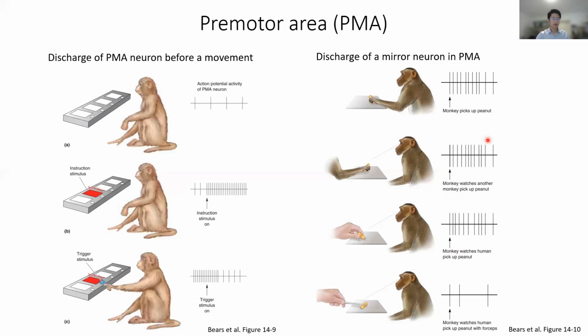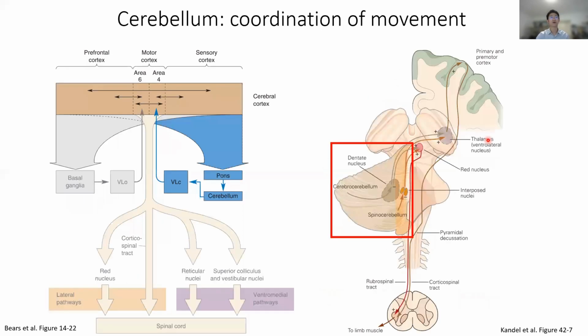Okay, so I think we have talked about the motor cortex. Now let's come to the next part of our brain, the cerebellum. The cerebellum is also an important motor structure, which is about the coordination of the movement. Here we have an overview of the connections of the cerebellum with the other areas of the brain.